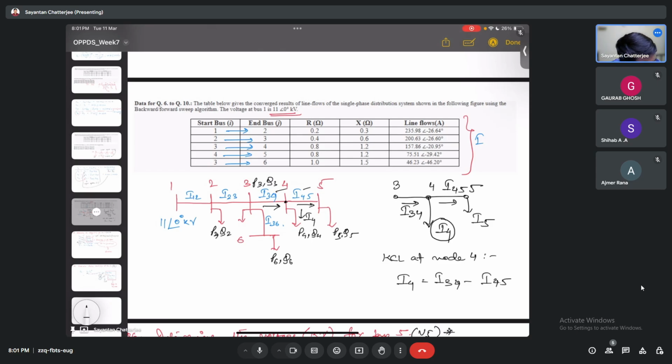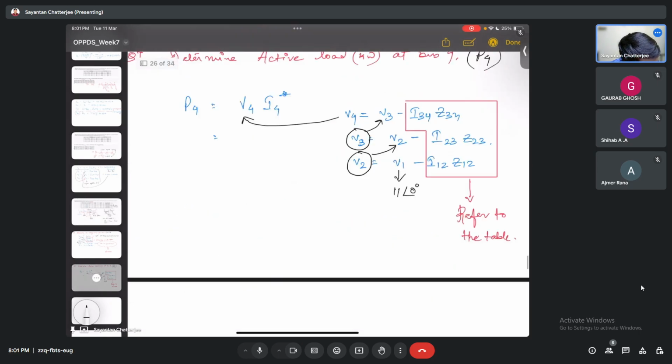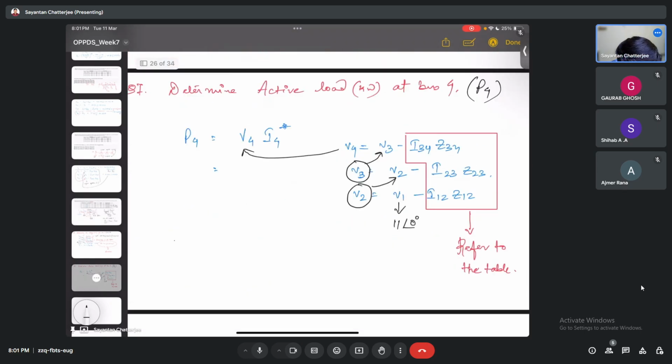I45 is given here, and I34 is this one. So from here we can directly calculate I4, right? I4 will be I34 minus I45.